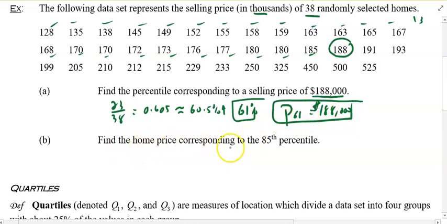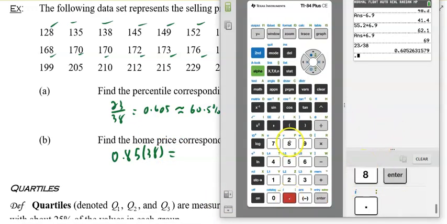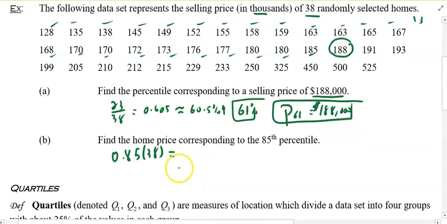Find the home price corresponding to the 85th percentile. Well, take 85% of 38, and what would that be? 0.85 times 38 is 32.3, which means the 33rd data measure.